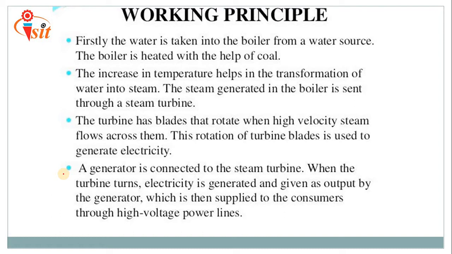The steam expanded at the end of the expansion process in the turbine gets collected in the condenser. The condenser is the main device used to convert that wet steam into water, and further that water, after treatment, enters the boiler as feed, and this cycle continuously repeats itself. So this is the general working principle of the steam power plant.